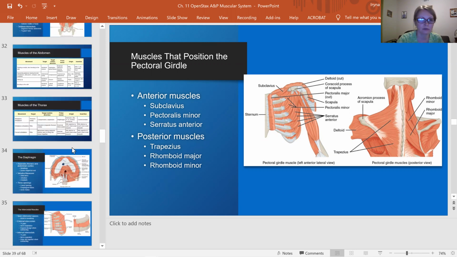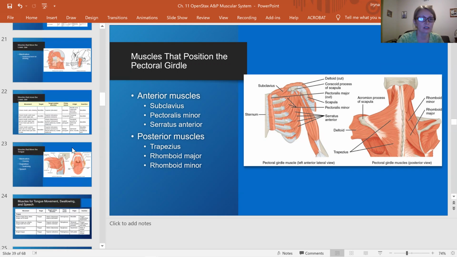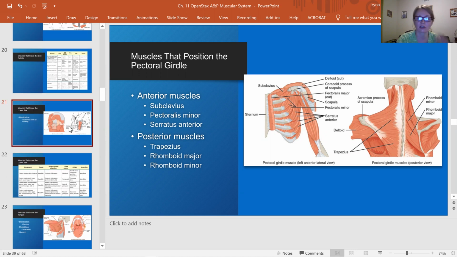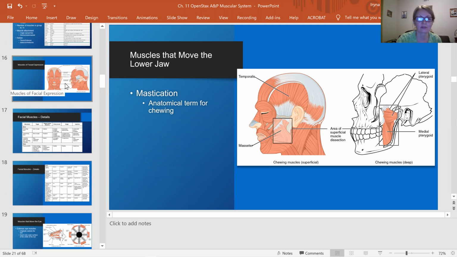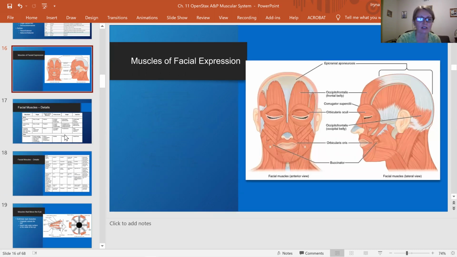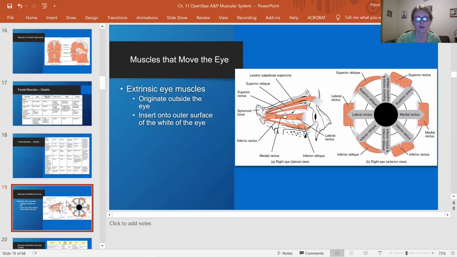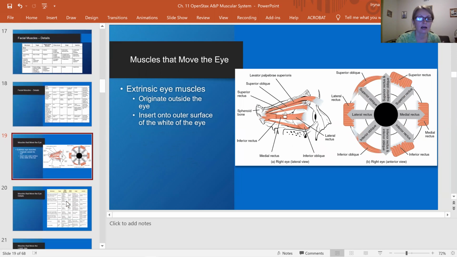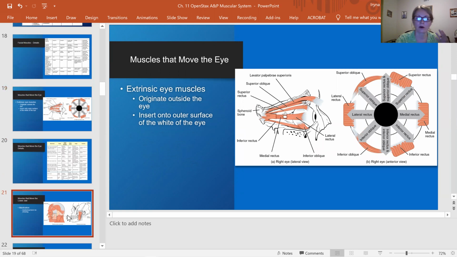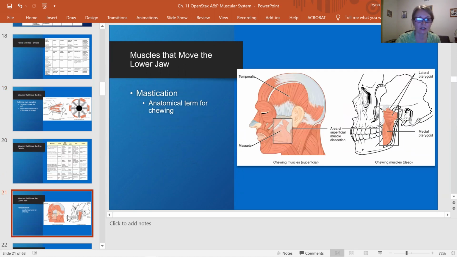So very, very quick review. We actually started with muscles of facial expression. Then we briefly talked about muscles that move your eye, the extrinsic eye muscles. We talked about muscles of mastication.